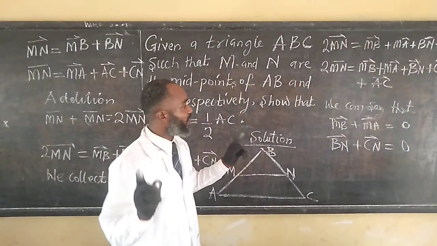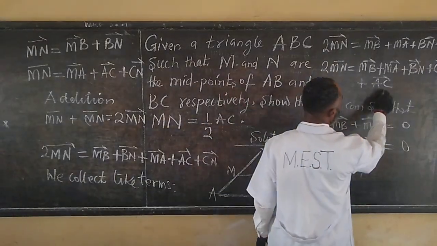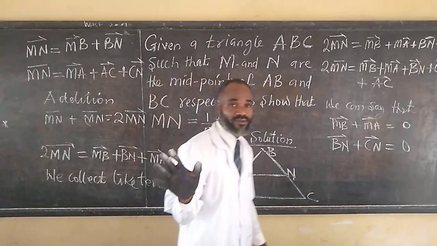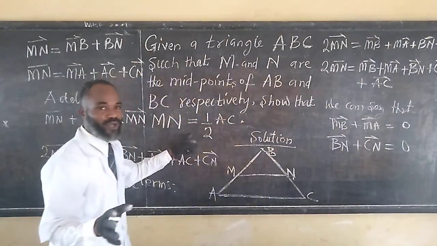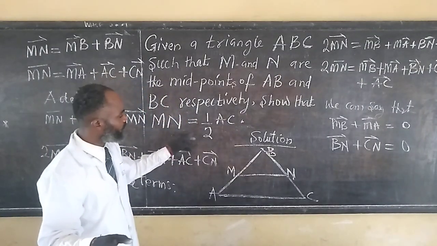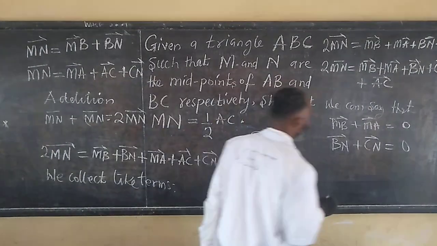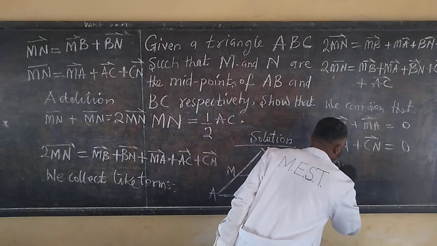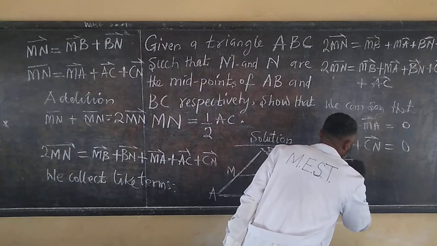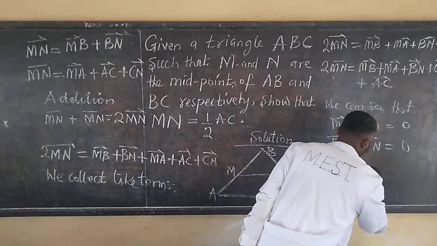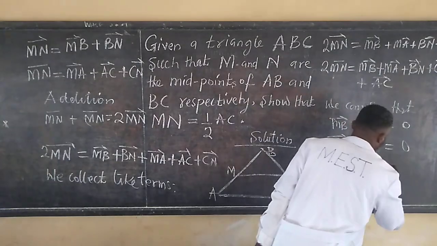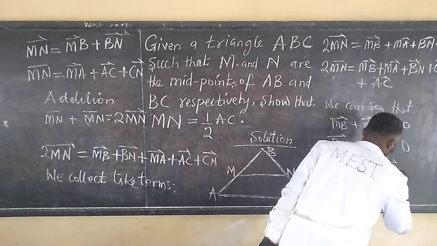If you check very well, you see this AC is all alone, and we are gradually coming to this. We then have 2 line MN is equal to the one standing alone, AC.